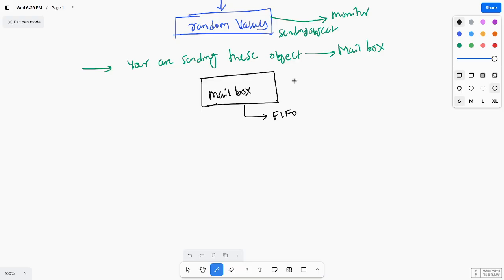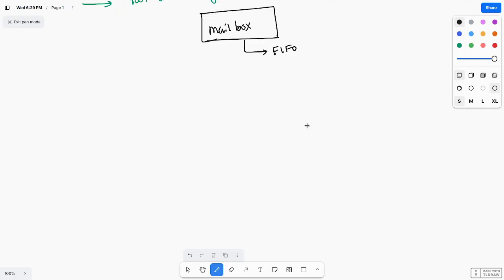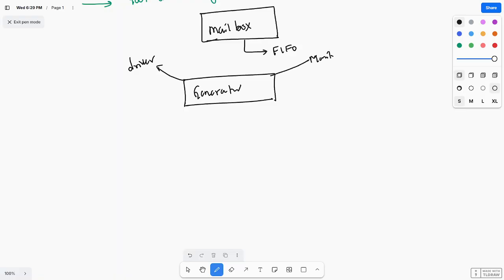So here, after the driver and monitor receive from the generator, what will it do? Suppose you have a generator, and through the generator you are sending the objects to the driver and monitor. This is my RAM design.